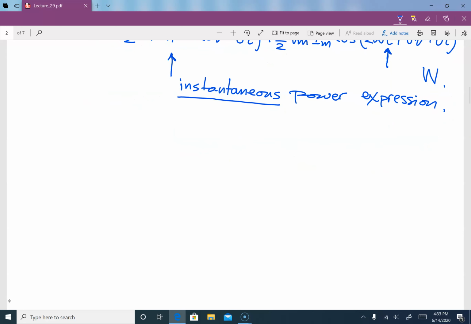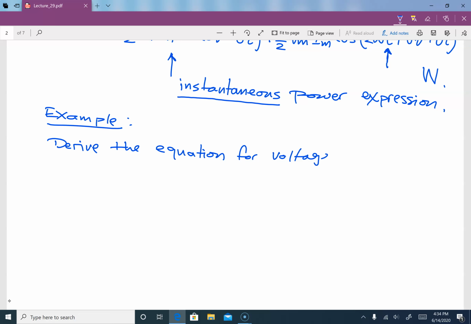Let us go over an example. We would like to derive the equation for voltage and instantaneous power in the circuit.